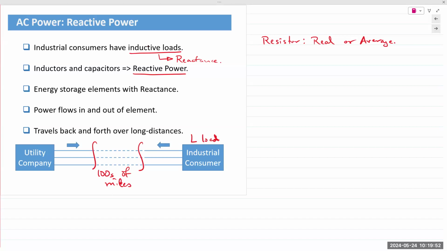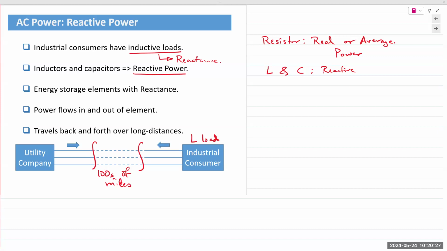Okay, so real or average power is associated with the resistor, and inductors and capacitors are associated with the reactance or reactive power. Okay, reactive power. Now, power is constantly flowing in and out of these elements, right? So power is constantly flowing in and out of the element.